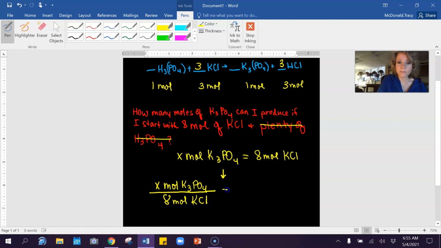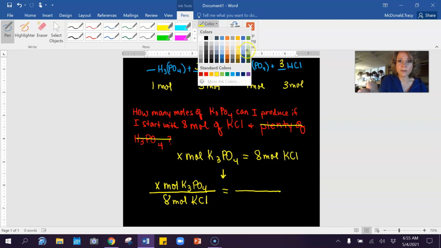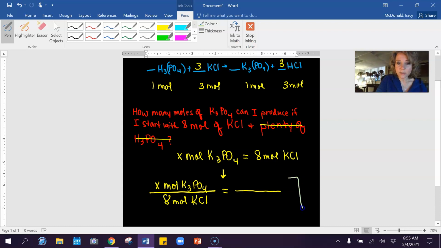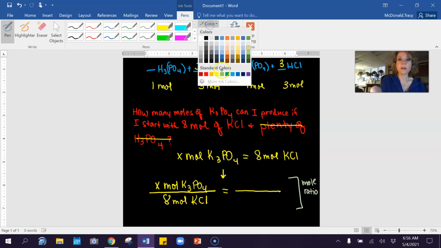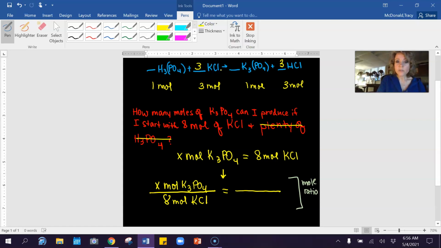So how are we going to figure this out? We're going to write out something called the mole ratio. And the numbers that I put here are going to come from the problem above. Just like we did in the conversion proportions, you're going to carry over moles, your units on top, over to the side.